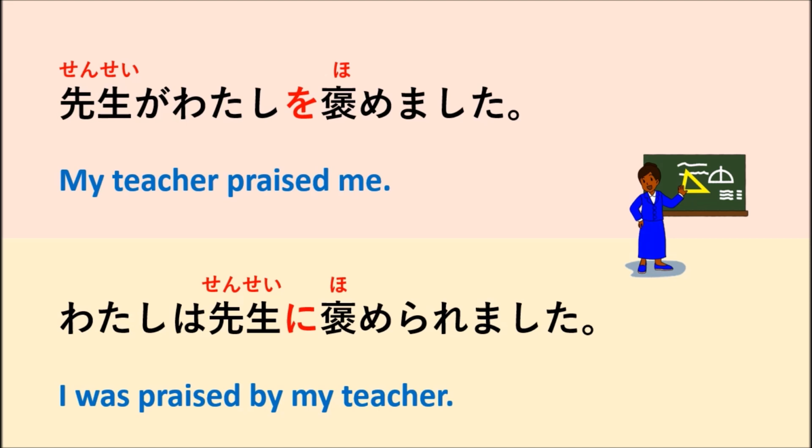For example, Watashi wa Tanaka-san ni homeraremashita. This means I was praised by Mr. Tanaka. So this is about how to use the verb in the active form and the verb in the passive form.